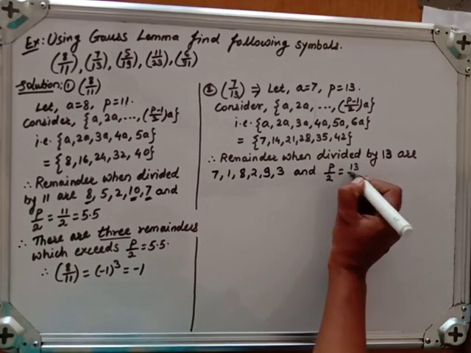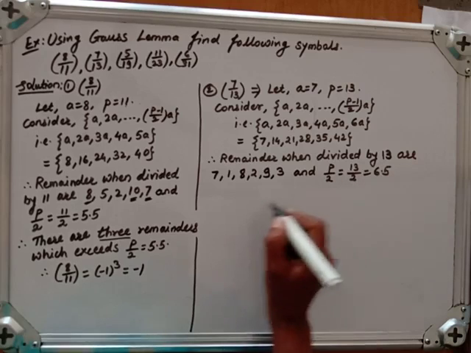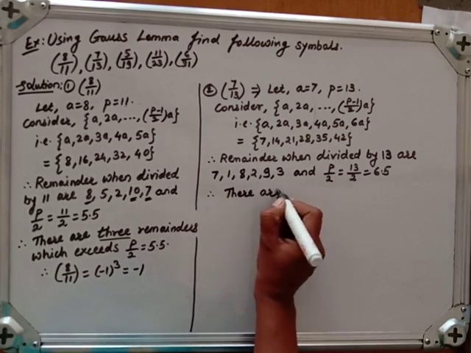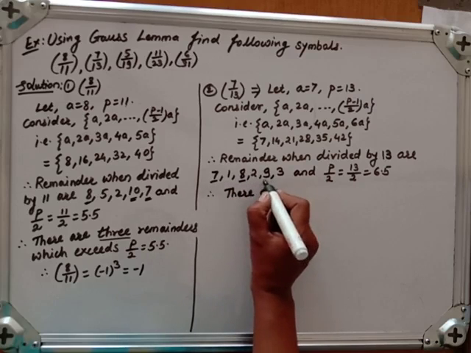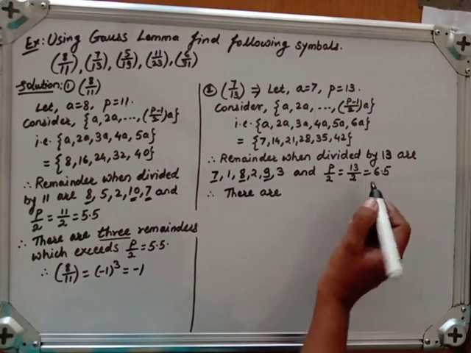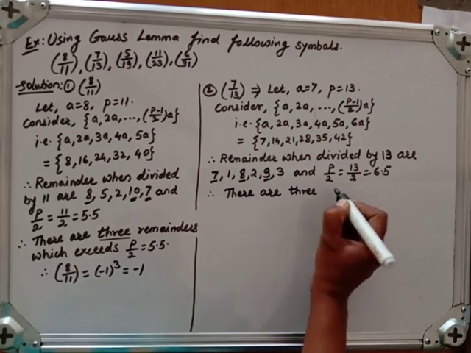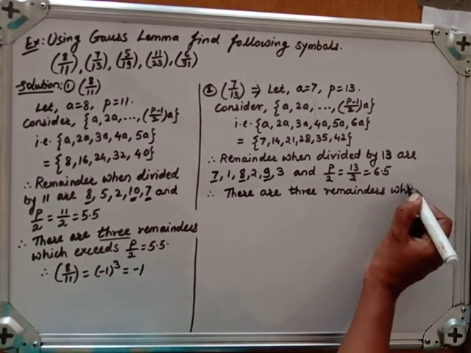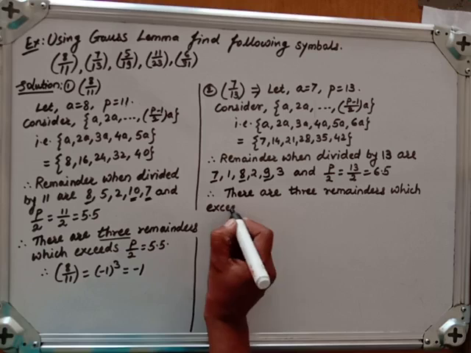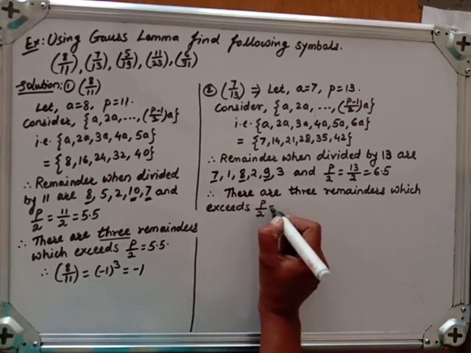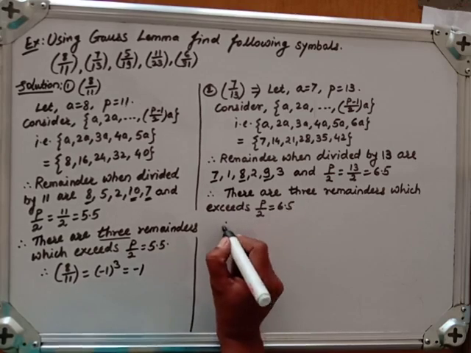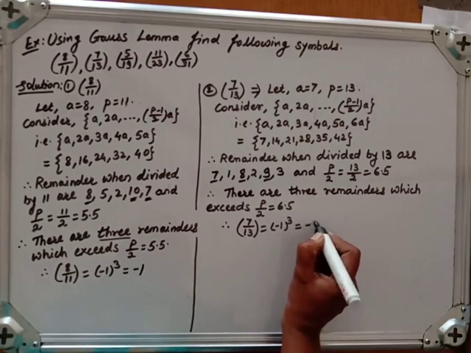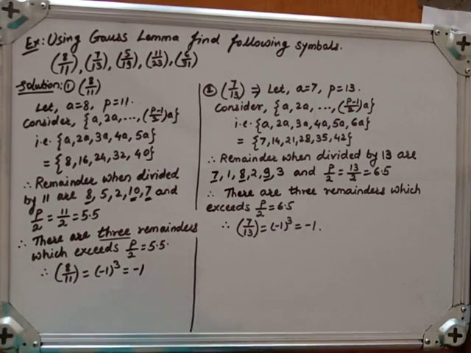It is 13 by 2, that is 6.5. Look at this: 7, 8 and 9 are greater than p by 2. So again there are 3 remainders which exceed p by 2, that is 6.5. Therefore, the Legendre symbol of 7 over 13 is minus 1 raised to 3, that is minus 1.